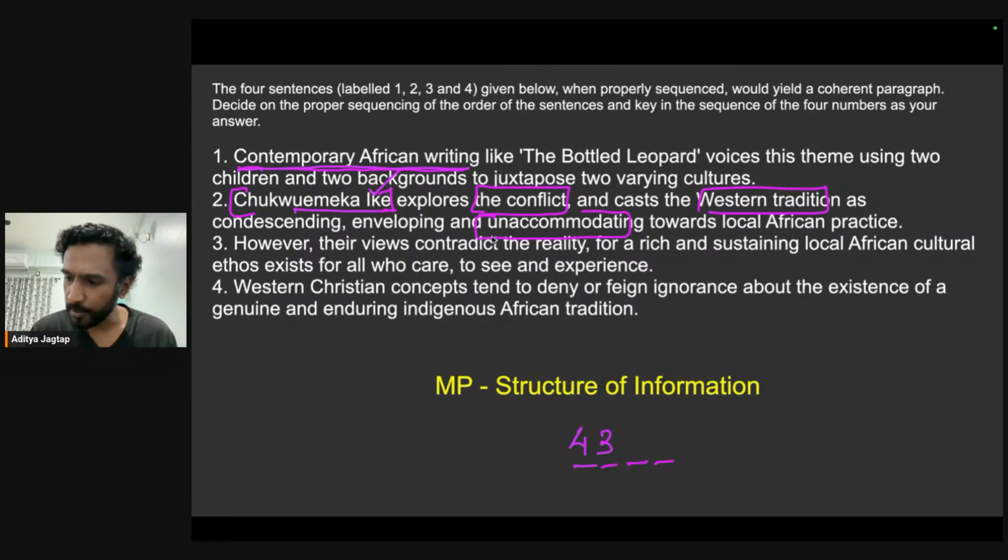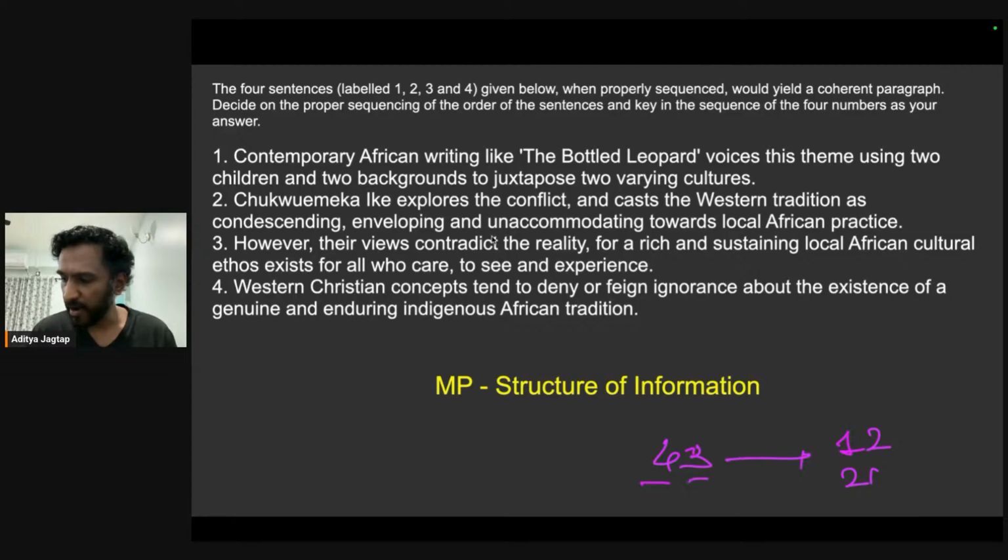This writing voices this theme and compares these two cultures, correct? So what could be the case, we can't be sure, is that 2, which is this author, is an example of 1. Now we know one thing, that sentences 1 2 or 2 1 will follow 4 3. They'll come after sentences 4 3 for sure. They can't appear before 4 3, because both those sentences refer to this theme and the conflict.